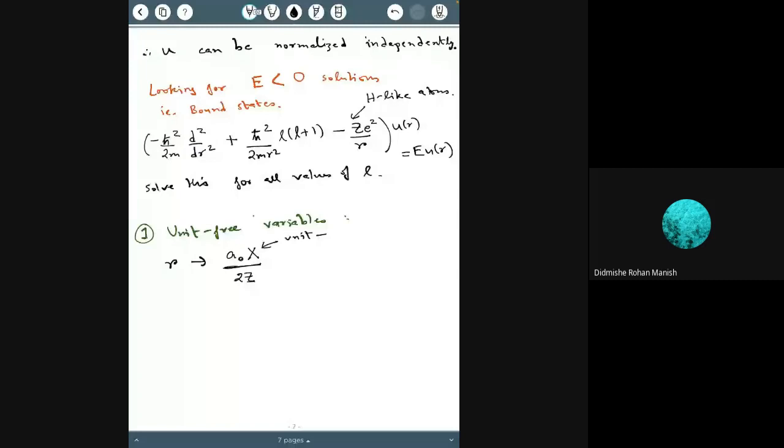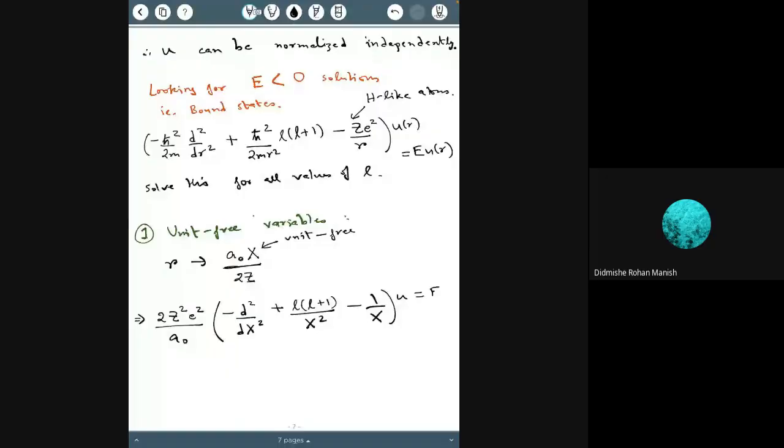And if you substitute this and work it out, I will not do this. I don't want to waste time. What you should end up with is 2Z squared E squared by A0 as a common factor, and we get d squared dx squared and then 2 plus 1 by x squared minus 1 by x, u equal to u.